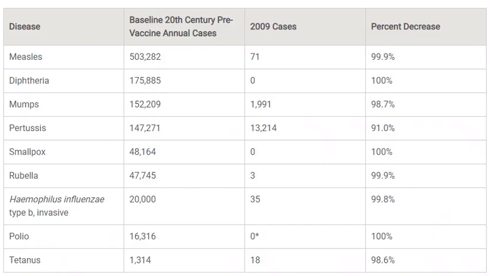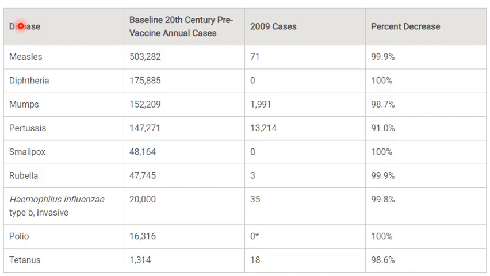So this table is showing the reduction in disease rates thanks to vaccines. And you can see smallpox down to 0, polio down to 0 with a little star. The star is because of the vaccine descended virus that is now causing infections in some parts of the world. But in like the first world, of course, it's eliminated.